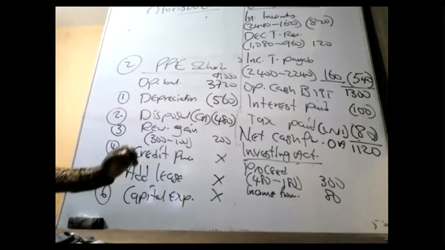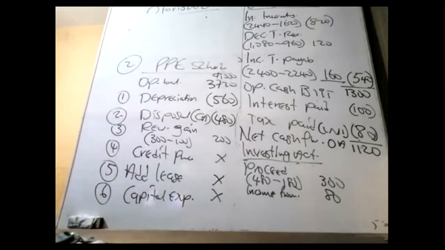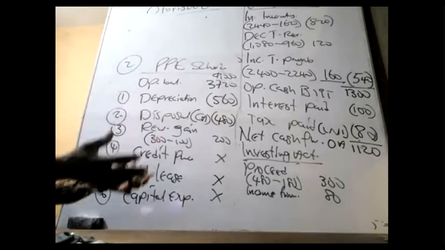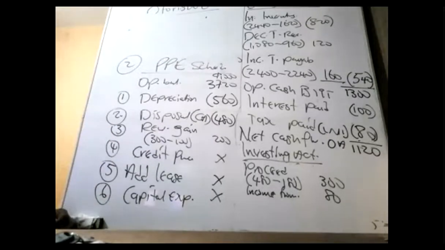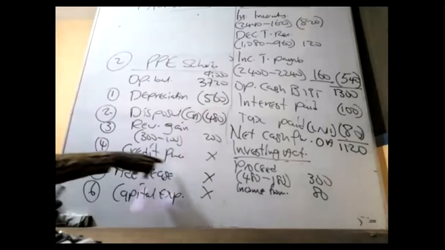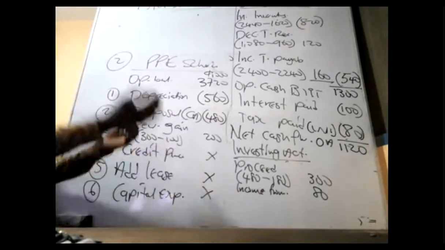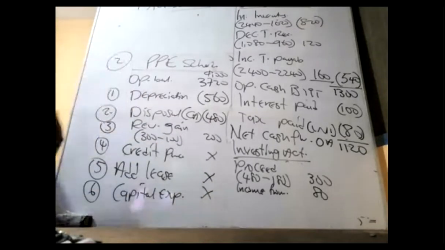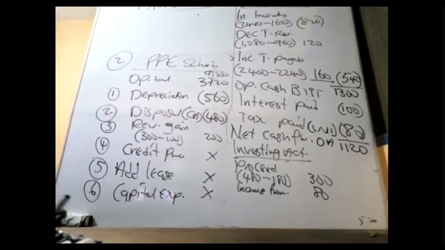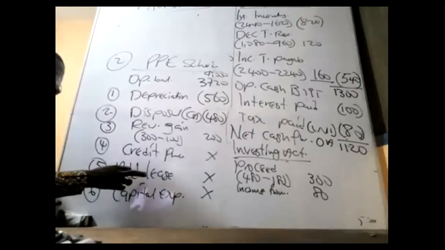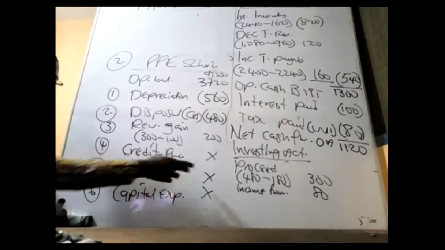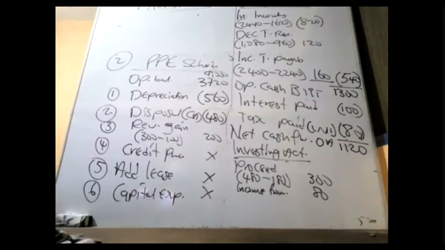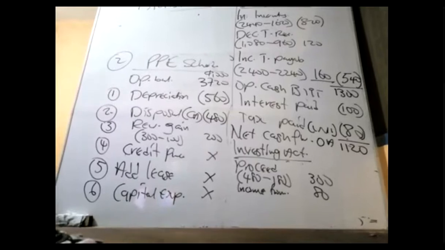When you are done with all the items, leave the space. Credit purchase of assets, you are adding, because they have acquired assets on credit. Add it. Also add any additional lease liability during the year. They have entered into a lease transaction and acquired assets through lease.